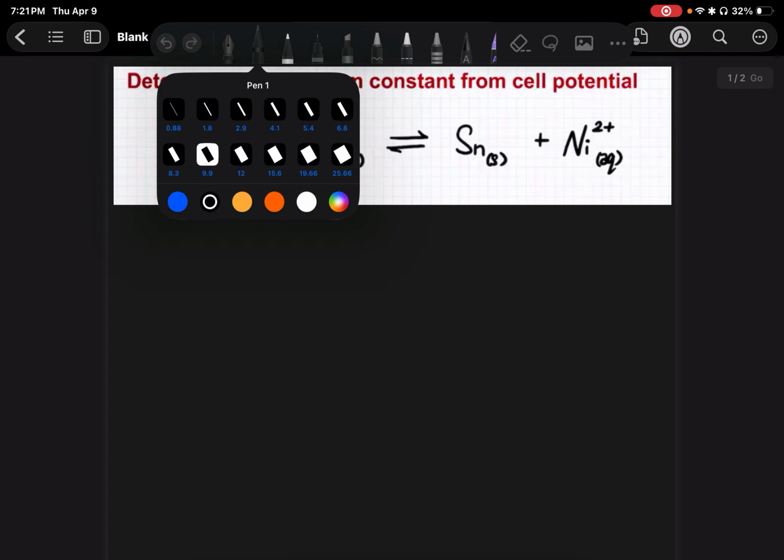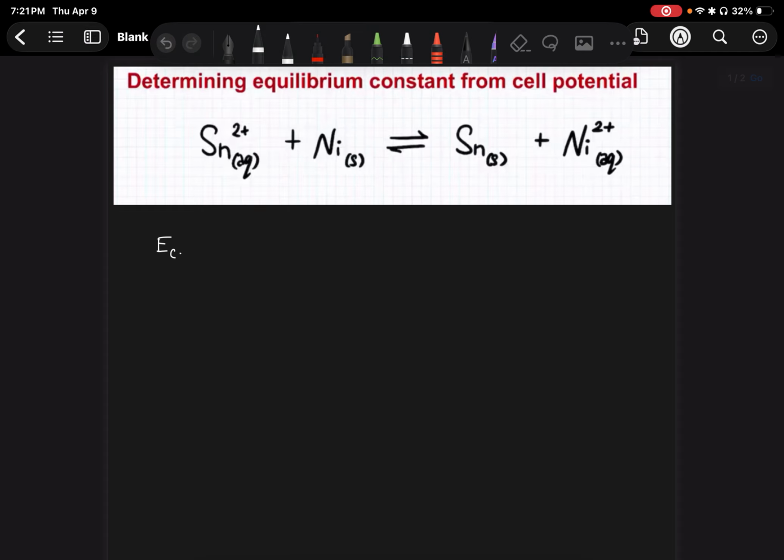That's okay. E cell is going to be equal to E cell naught minus 0.0592 volts. This is a Nernst equation, I believe.